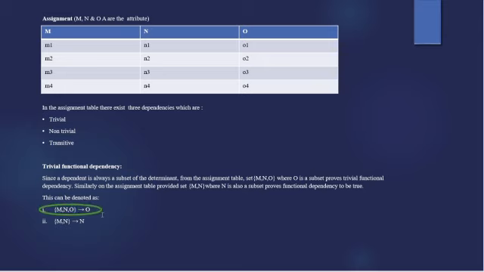So we can say M, N, O determines O. Same as here, N is also a subset of the set M, N, a determinant attribute set, group of attributes. So we can actually say M, N determines N.